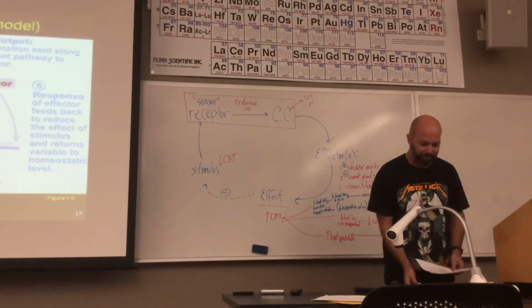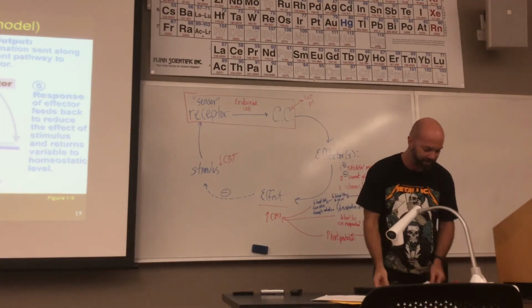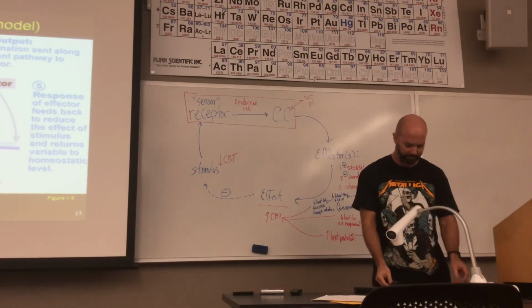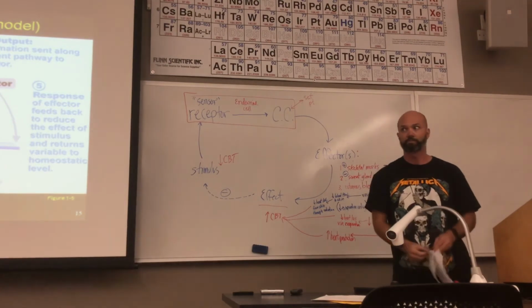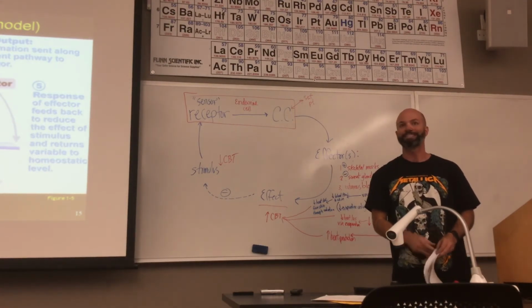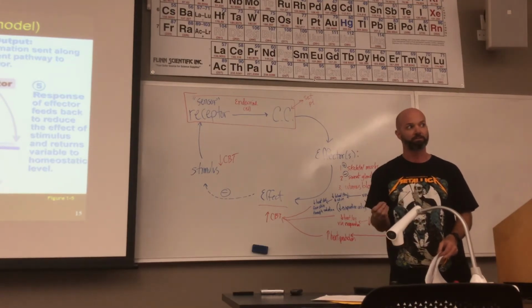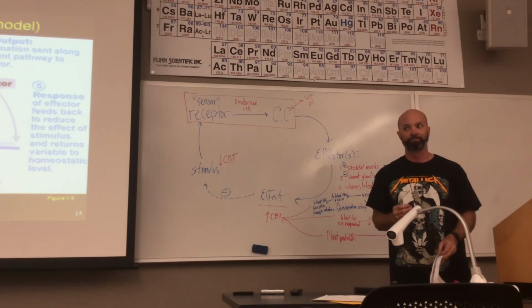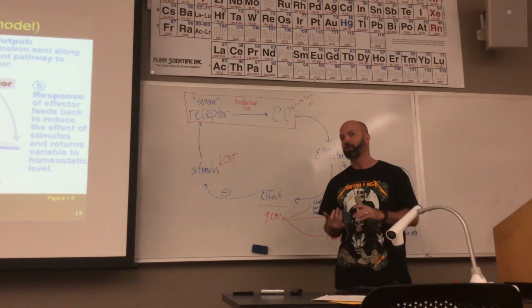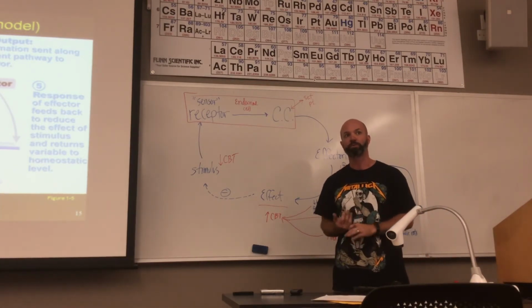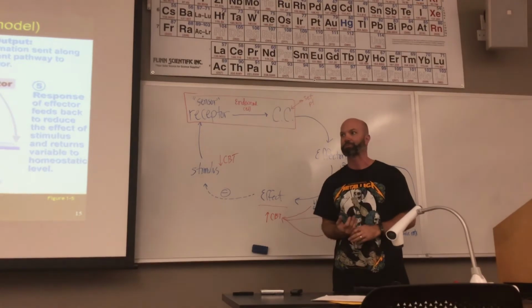How many chromosomes in a typical body cell, a somatic cell? 46. 46? How many different types of chromosomes within a typical body cell? 23. 22 of which are called autosomes. The 23rd pair, the sex chromosomes, right?